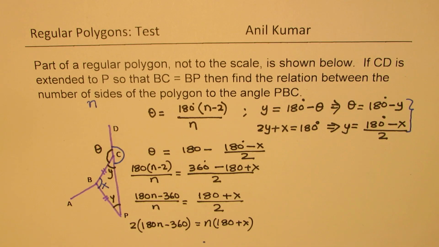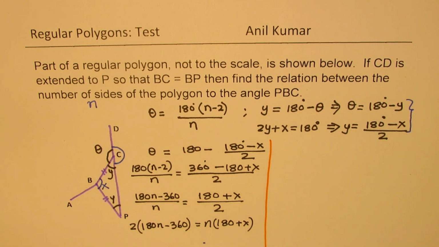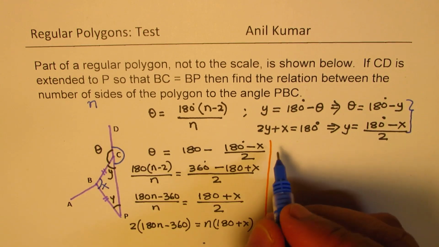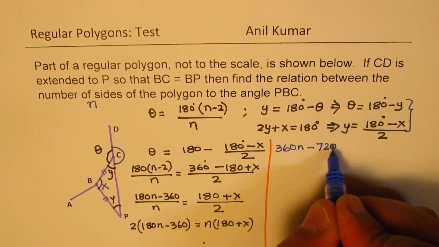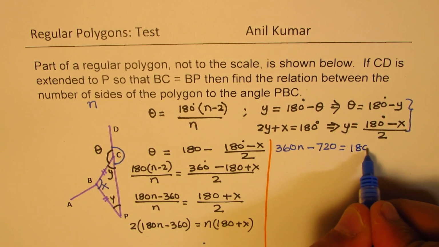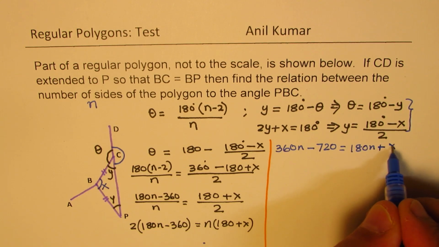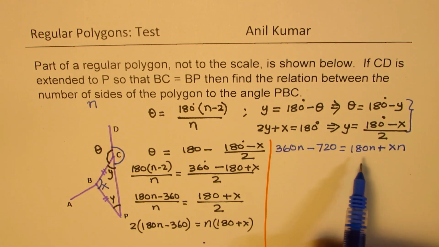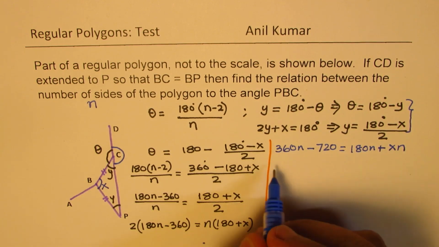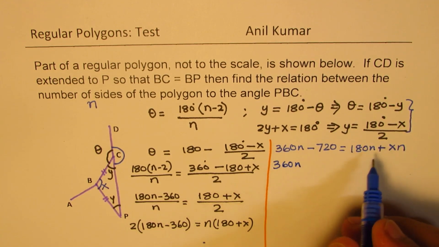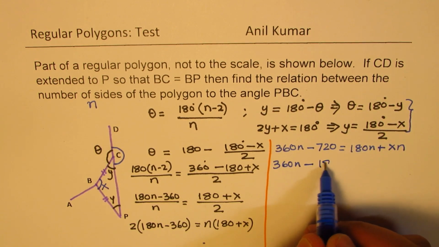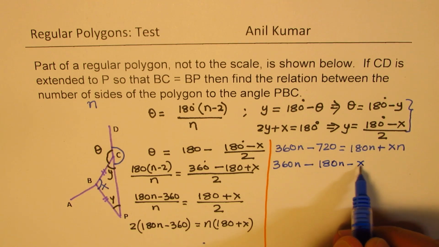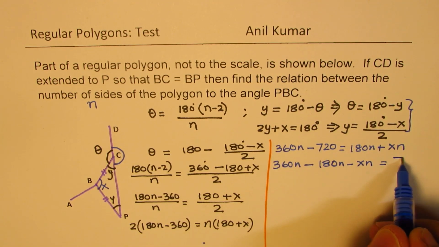Now we'll solve for n. Let's open the bracket. So we get 360n minus 720 equals 180n plus x times n. Now bringing all the n terms together, we get 360n minus 180n minus xn equals 720 on the right side.